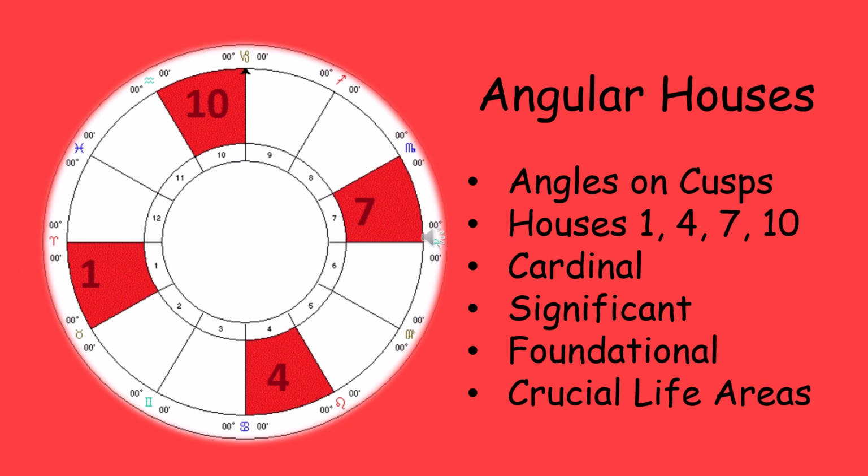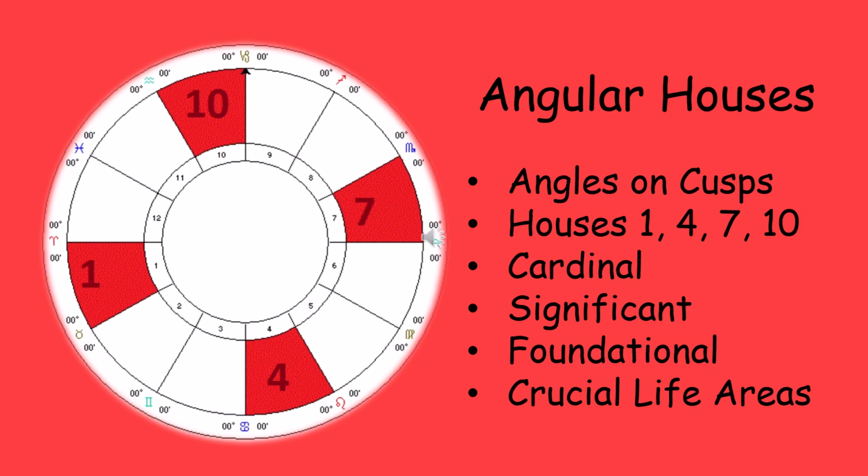Another way of dividing up the astrological wheel is according to 3 distinct types of houses. The first type is what is called the angular houses. These are called angular houses because the angles are on the cusps of these 4 houses. These houses are the first house, the 4th house, the 7th house, and the 10th house.